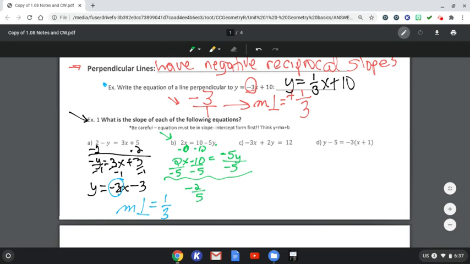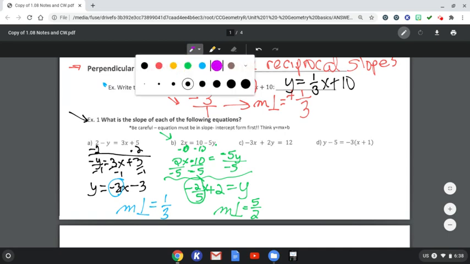It doesn't matter where we put the negative for that first fraction. And -10 divided by a -5 would be +2. Oh, I forgot my little x in there. Sorry about that. Equals y. So seeing that my slope here is -2/5, my slope of a line perpendicular is going to be 5/2. Again, I'm just practicing finding that negative reciprocal slope.